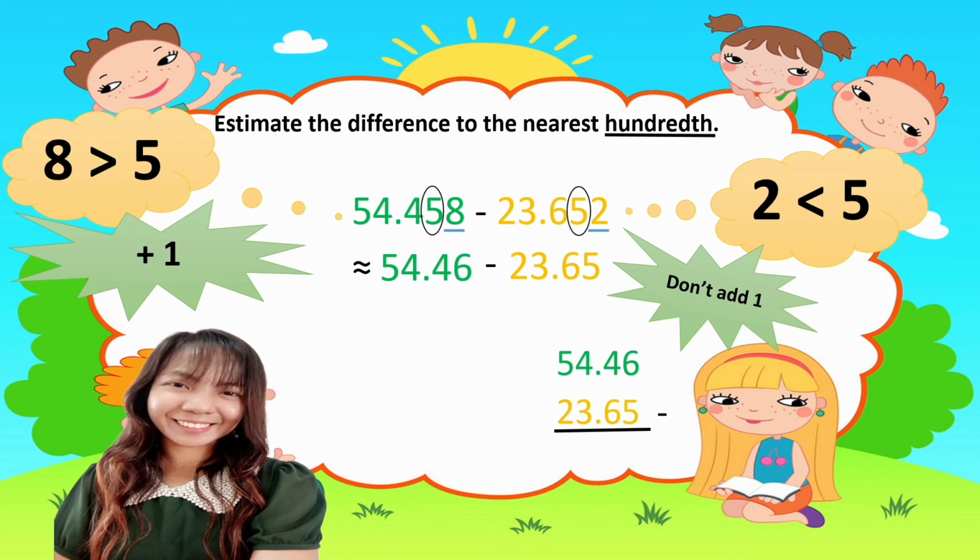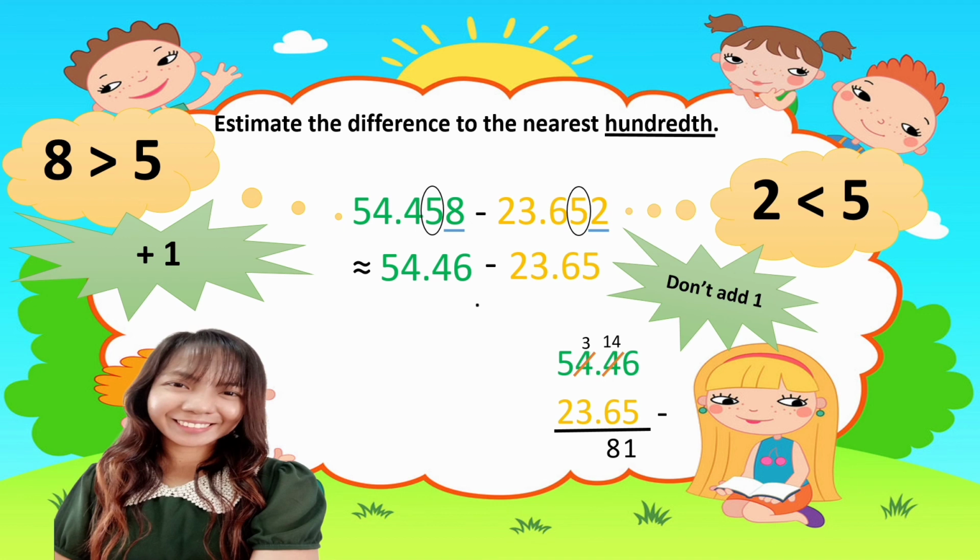6 minus 5, 1. 4 minus 6 cannot be. So borrow from 4. So 4 becomes 14. And the number 4 here becomes 3. 14 minus 6, 8.